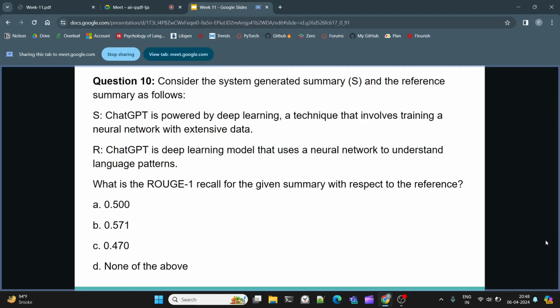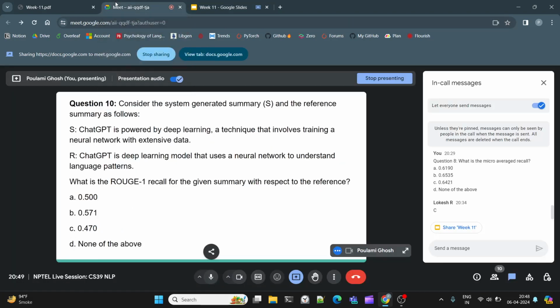This is the last problem for the day. We have been given summaries. S is the system generated summary, R is the reference summary, which is given by a human. We need to compute the ROUGE-1 recall value given this data. Let's try this problem once, then we'll discuss it.